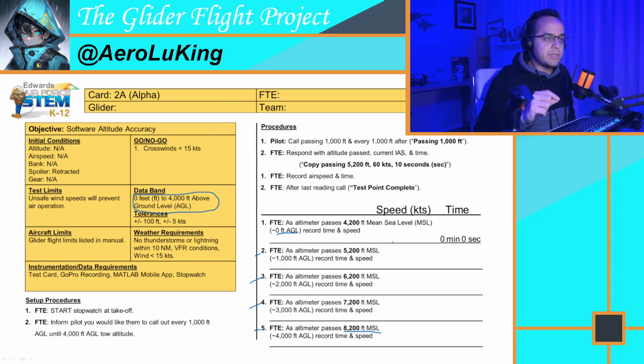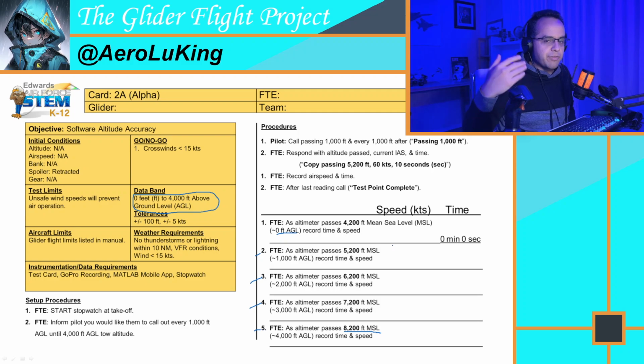So meaning, let's say we take off, I write down what my takeoff speed was from the previous card, and then the clock starts from there. So as I set my timer and I'm waiting for the pilot to say passing 1,000 feet, I will then say copy, passing 1,000 feet, or passing 5,200 feet mean sea level, 60 knots, 10 seconds elapsed time.